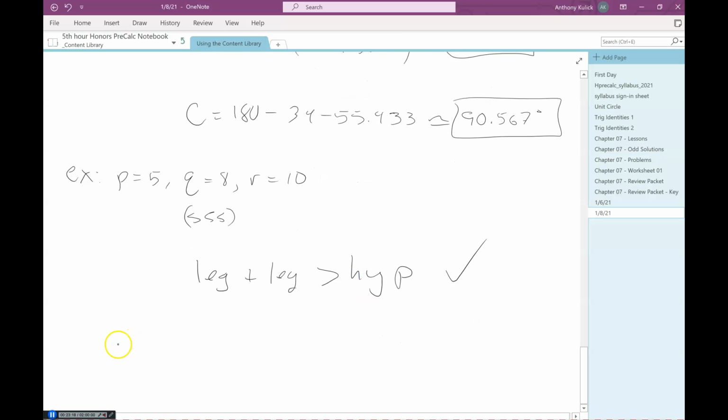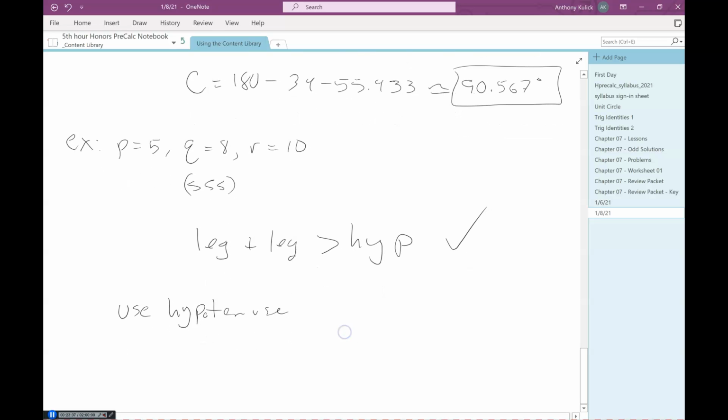And then for our law of cosines, what we're going to want to do is use the hypotenuse as our side that we've isolated. And the reason we want to do that is that you're going to get the biggest angle then, which removes the possibility of running into an ambiguous case later on.